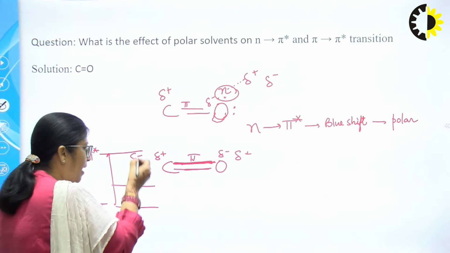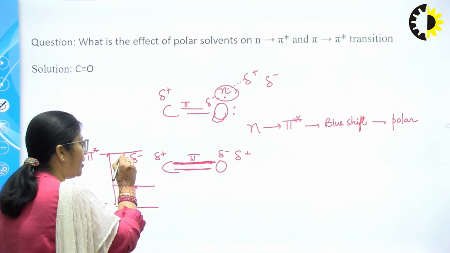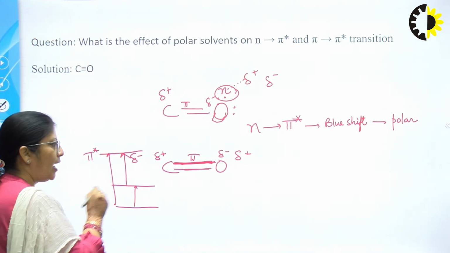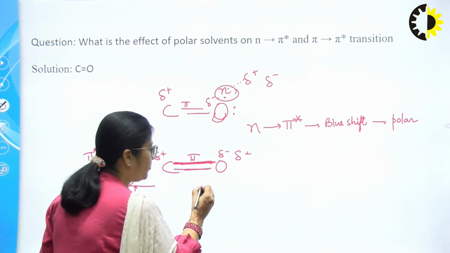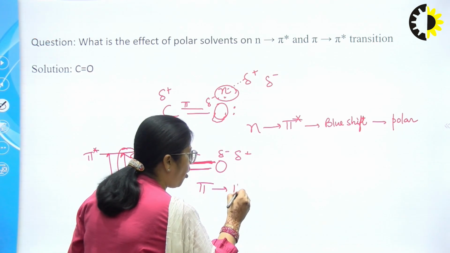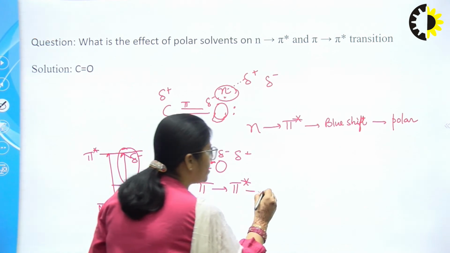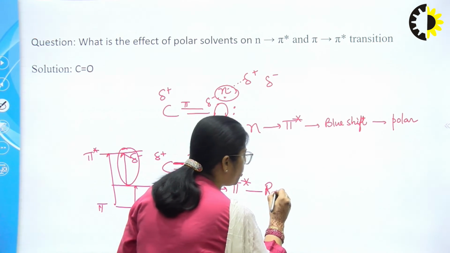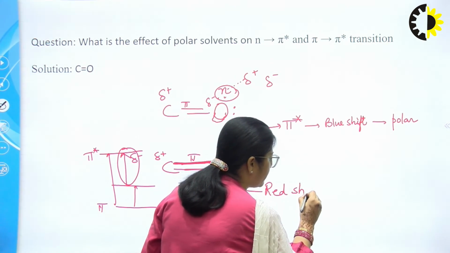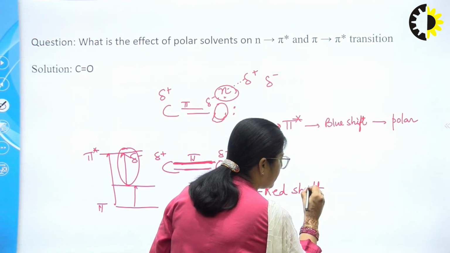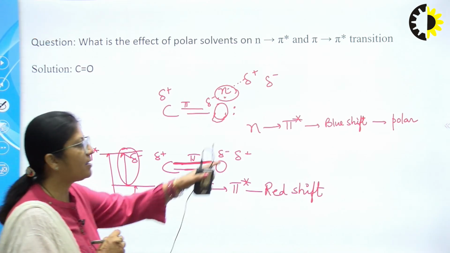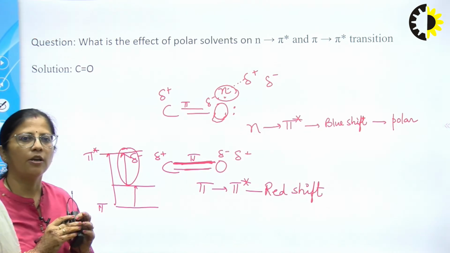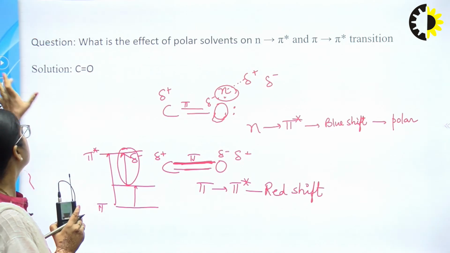So for the pi to pi star transition, it will now require only this much energy. Hence, the pi to pi star transition in the presence of polar solvent shows redshift. It will occur at a longer wavelength, whereas n to pi star will occur at a shorter wavelength.